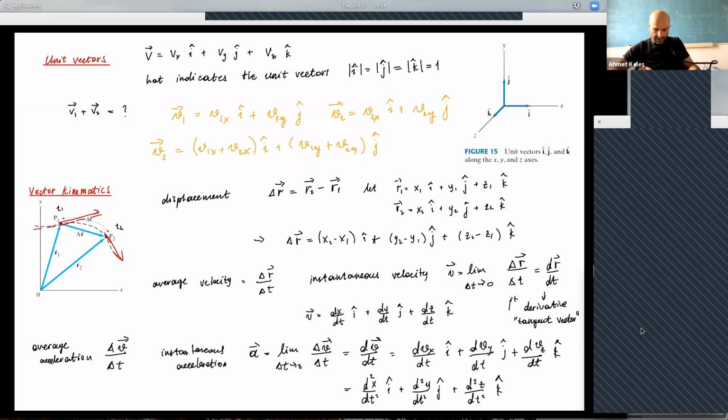They are defined as vectors whose magnitude is unit, like 1. Once you have this, you can write any vector like this: V is equal to Vx i hat plus Vy j hat plus Vz k hat.